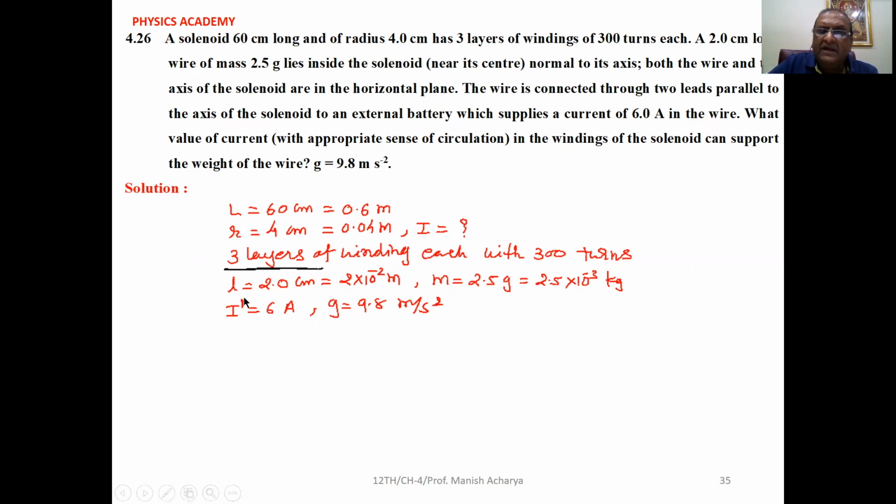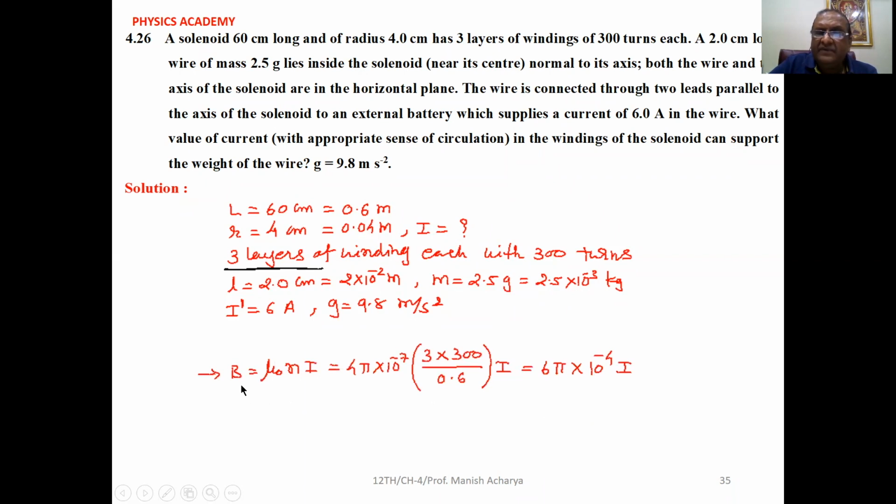Now, length of the wire, that is 2 centimeter, so that is 2 into 10 raised to minus 2 meter. Mass of the wire, that is 2.5 gram, so that is 2.5 into 10 raised to minus 3 kilogram. Current through the wire, that is 6 ampere, and g we have to take 9.8 meter per second square.